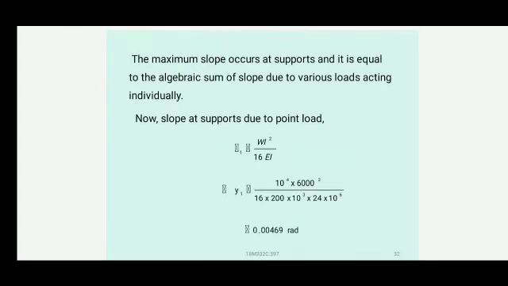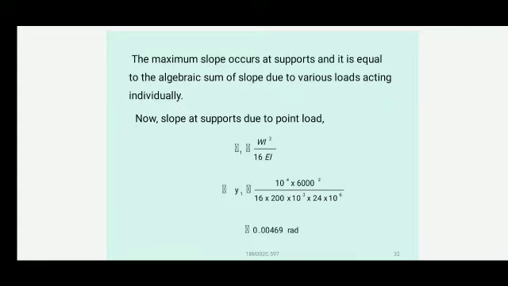The maximum slope occurs at supports and it is equal to the algebraic sum of slope due to various loads acting individually. Slope at supports due to point load, theta 1, is equal to W L to the power of 2 by 16 EI.